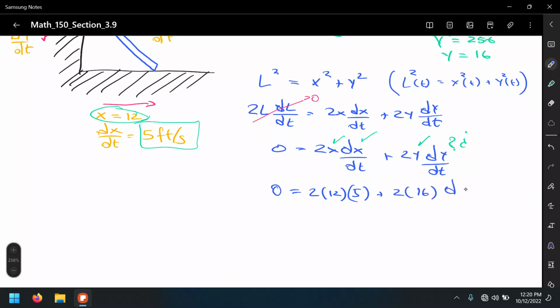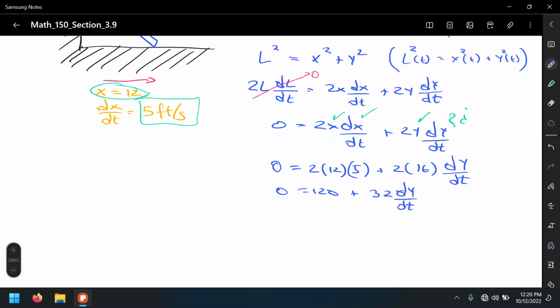dy/dt is simply dy/dt. So 0 equals 12 times 5, that's 60, times 2, that's 120, plus 32 dy/dt. So let's solve this equation.